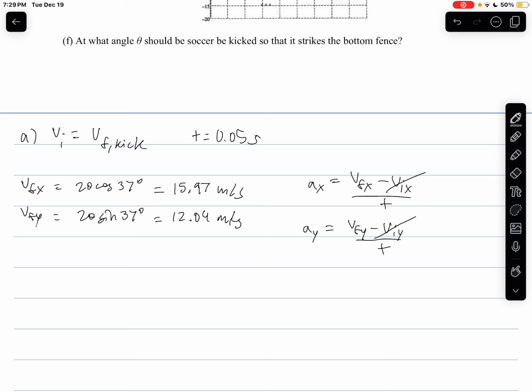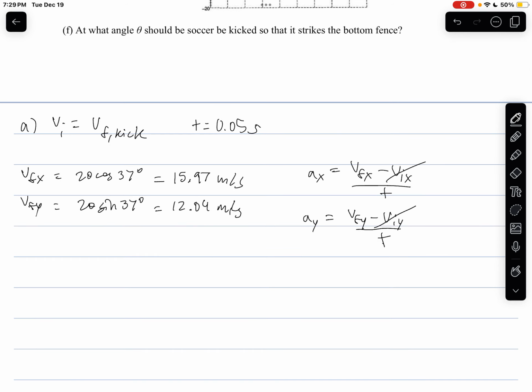And then the t is going to be the same because the ball is being kicked by the same person, with the same force for the same time, just different acceleration in the x and y. So then I'm going to solve for the acceleration in the x and acceleration in the y, but plug in what I know.